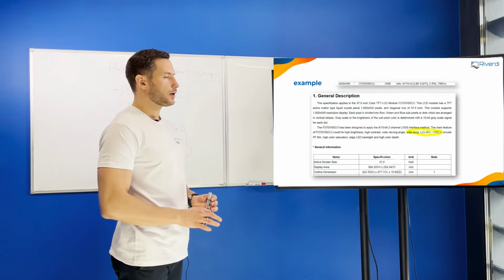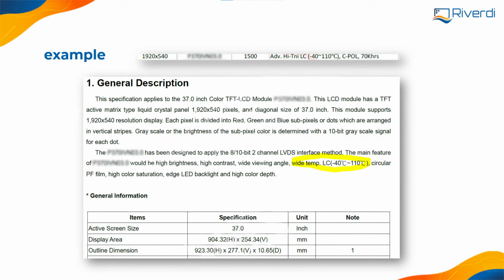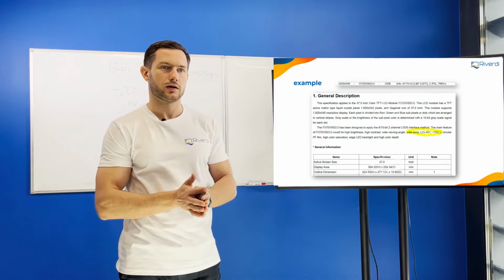And here we have an example from a data sheet of a display with high temperatures. As we said, it's a liquid crystal from minus 20 to 110. So this is the latest technology, but you need to be careful. This is only about the surface of a display, so the TFT glass itself.